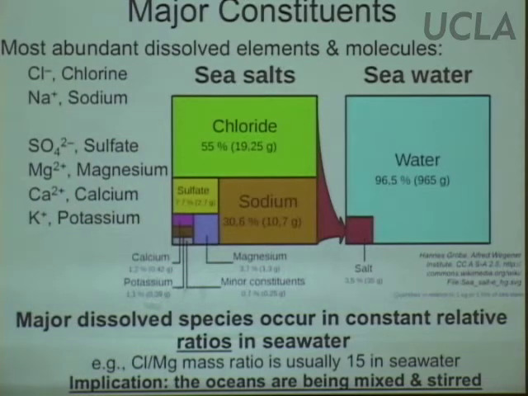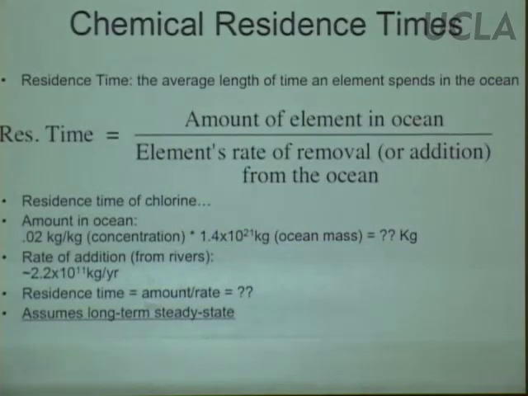So this is one implication: seawater, the oceans, are actually dynamic. Their concentration ratios of the major dissolved constituents are similar from one place to another. We can take that idea a little bit further and maybe make it even more sensible by bringing up the idea of a chemical residence time.